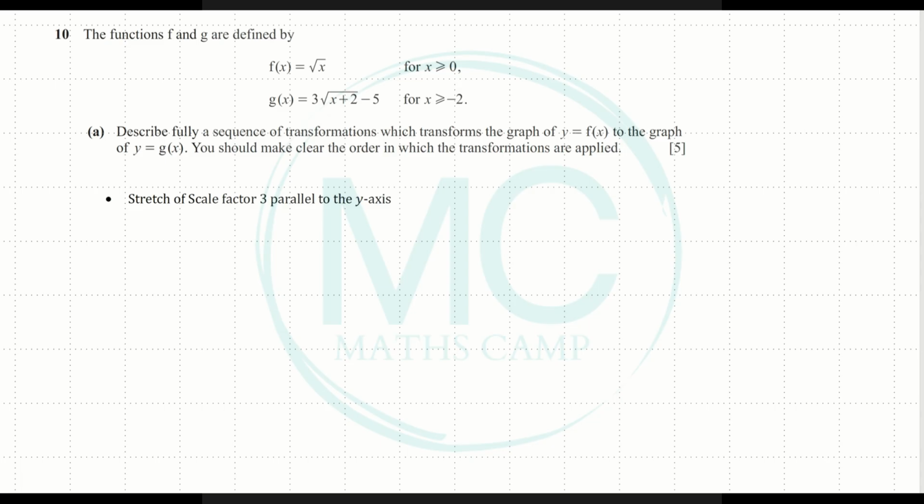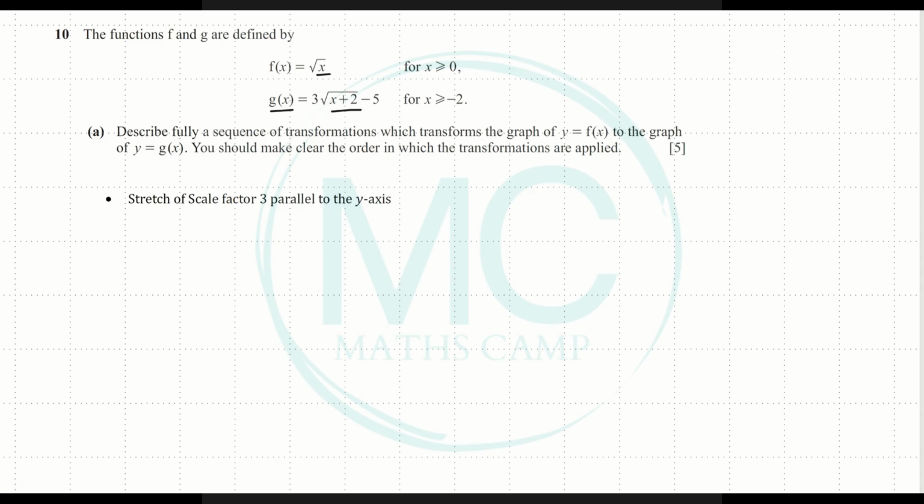Now we can look at translations. f of x is equal to root x, but g of x is equal to the root of x plus 2. 2 is our p value, which affects the horizontal movement along the x-axis. 2 is positive, which means that g of x is shifted 2 units to the left.